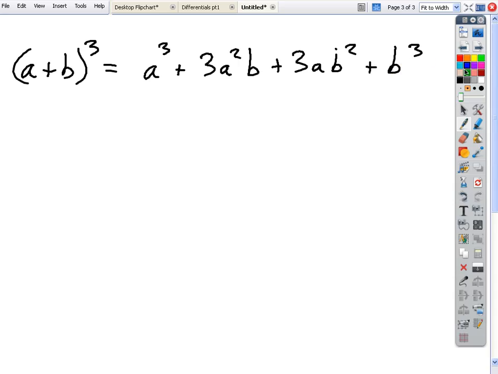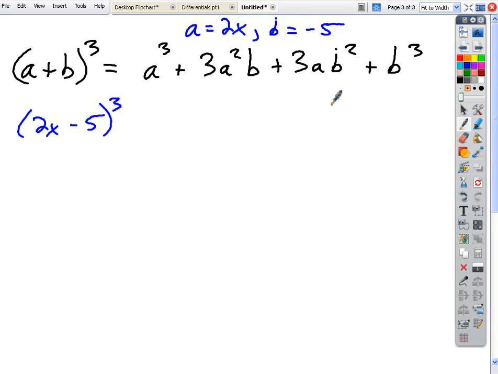What is (2x - 5) cubed? So I guess we got to answer the question then. What is a and what is b? A is 2x, b is negative 5.